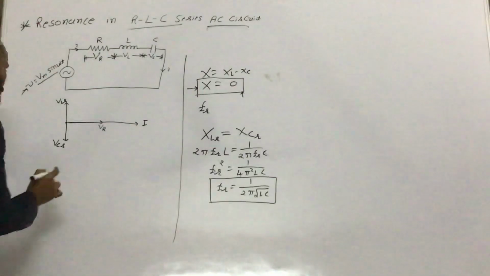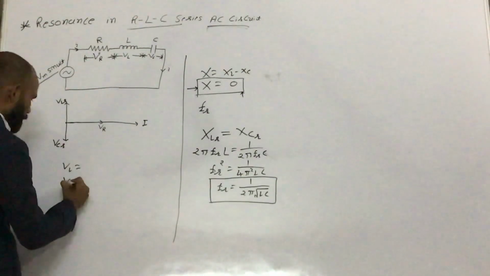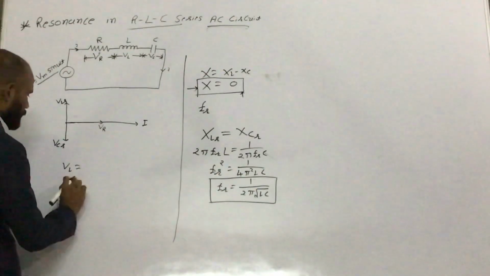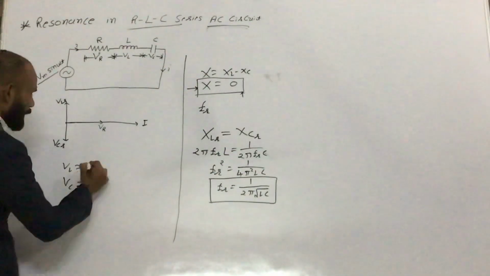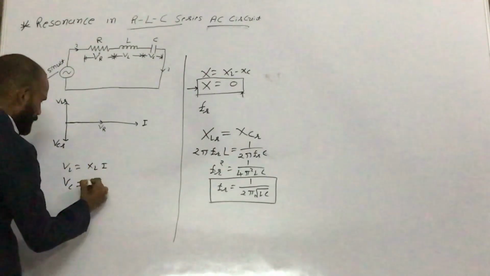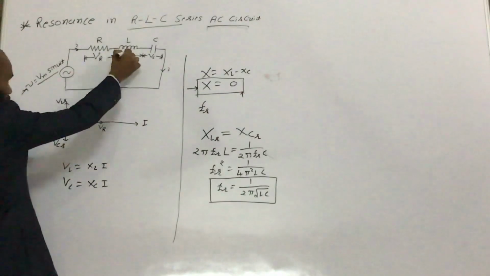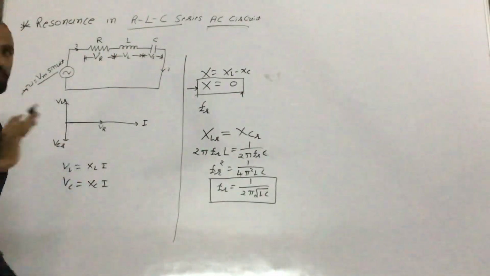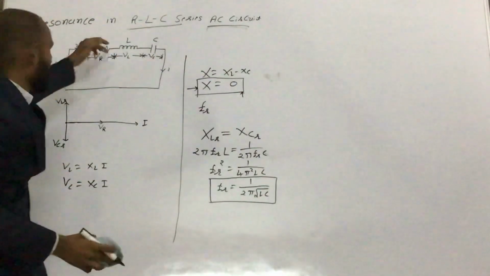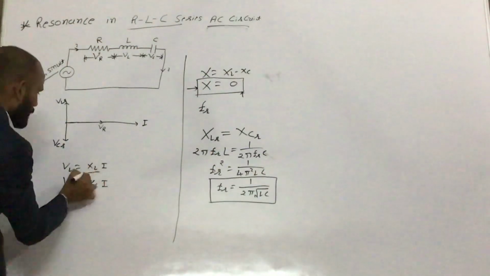Now we know that VL is equal to XL into I, and VC is equal to XC into I. Now this inductance and capacitor both are connected in series. So current flowing through both the elements, inductance and capacitor, is the same, but XC and XL are different.